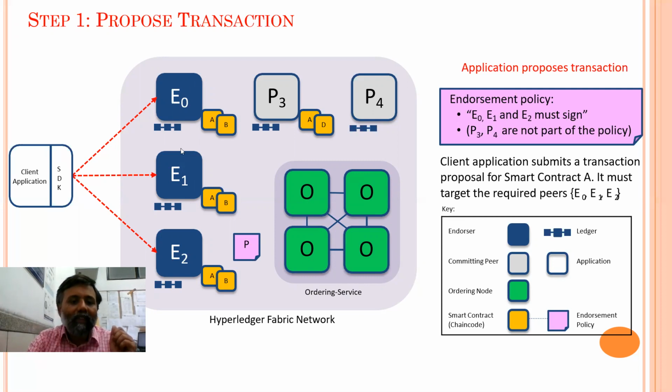Suppose we have three endorsers, E0, E1, and E2, and these are some committers. We can see that the client application submits a transaction proposal of smart contract A, and it must target the required peers, that is E0, E1, and E2.